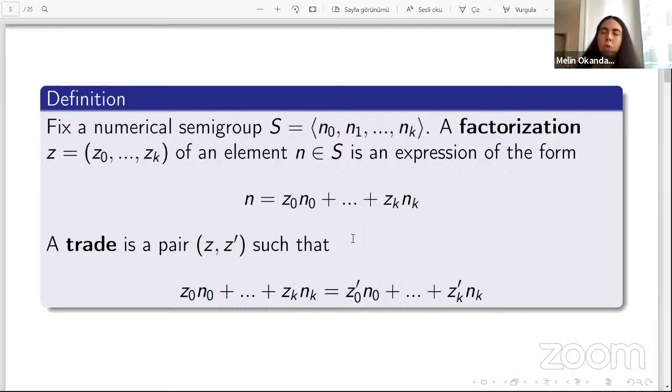This will be (0, 2, 0), because I'm buying 0 of the 6 packages, 2 of the 9 packages, and 0 of the 20 packages. Now, (3, 0, 0) is a factorization and (0, 2, 0) is also a factorization of 18 in the chicken McNuggets semigroup. But then this is a trait, because I can trade my three 6 packs for two 9 packs, and this will correspond to the same number of chicken McNuggets. So this is how we construct a trait.